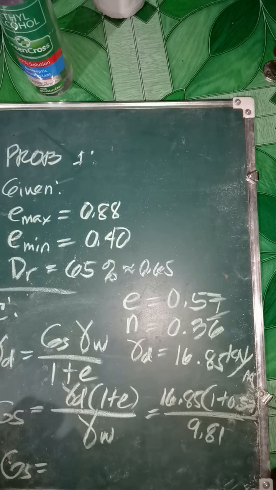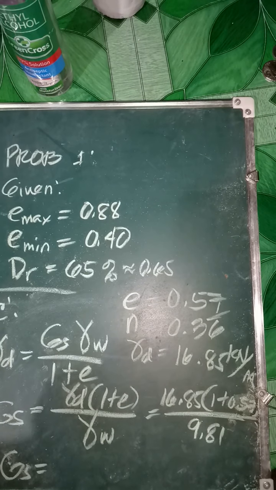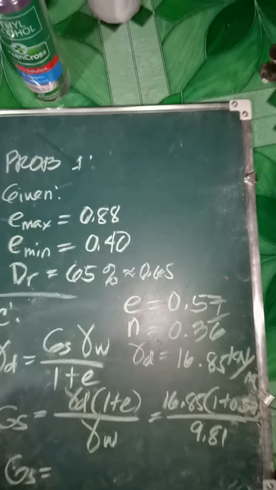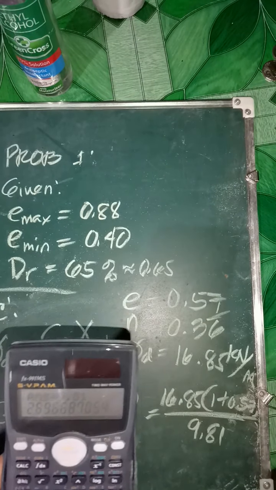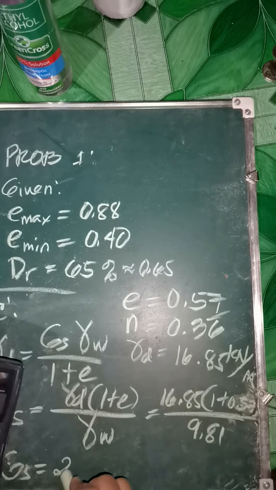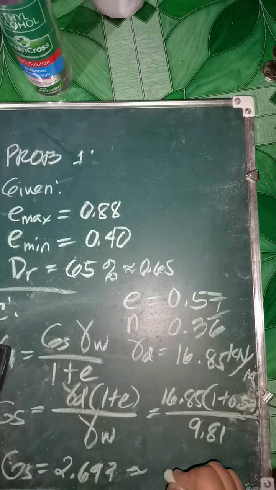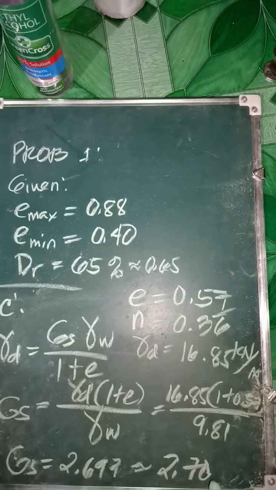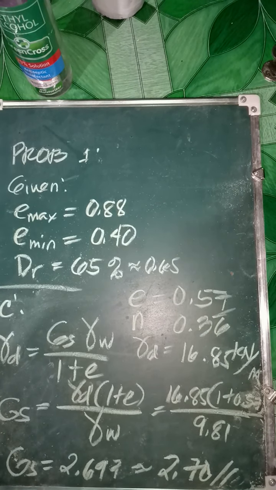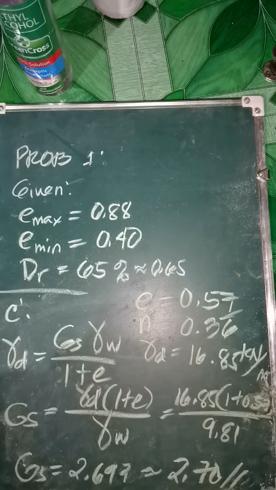Calculating this value, we will yield 2.697, or this can be 2.70. So that is the specific gravity of the soil. And that's our solution to the 3 unknowns for the problem number 1.